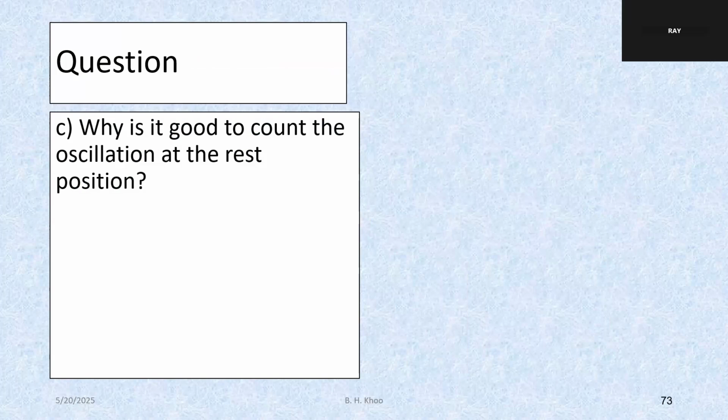Applying your SHM. At the rest position, the velocity is the largest, whereas at the maximum amplitude, velocity is zero, so it's moving very slowly. So you have to count it fast.